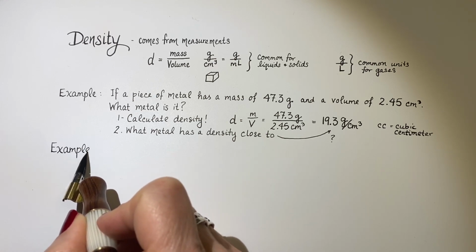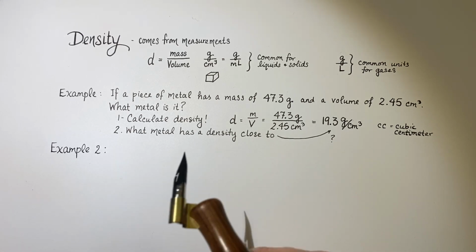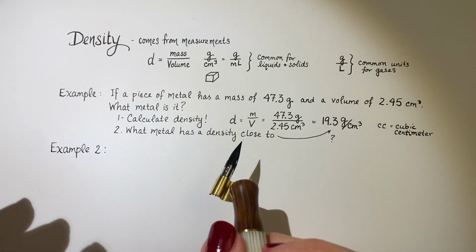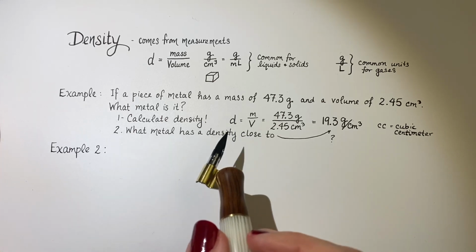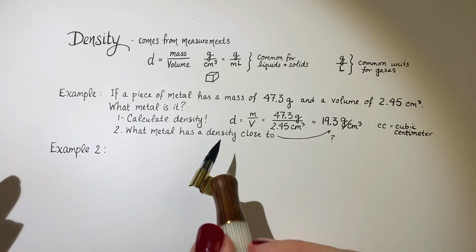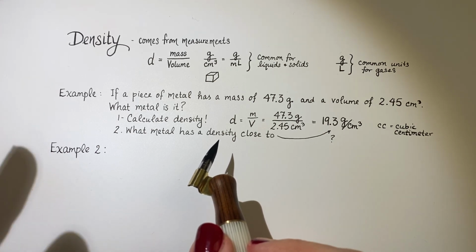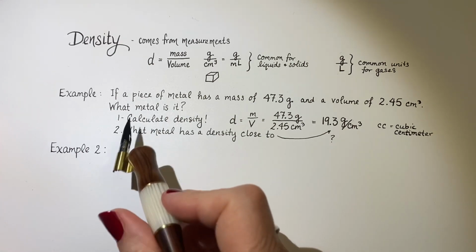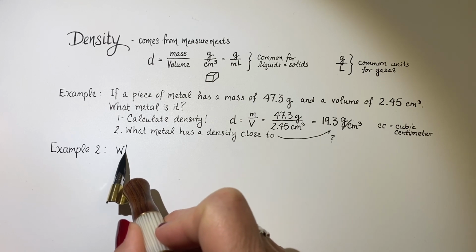So, with the second example, let's think about something that's definitely less dense than gold. And balsa wood is one of those things. Balsa wood, very, very not dense wood.